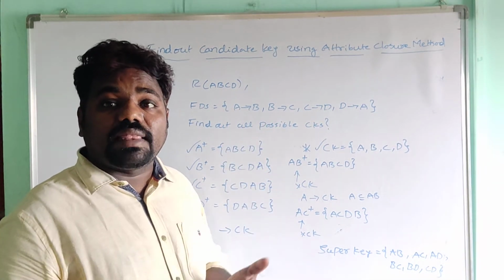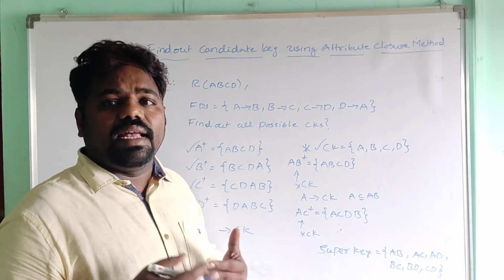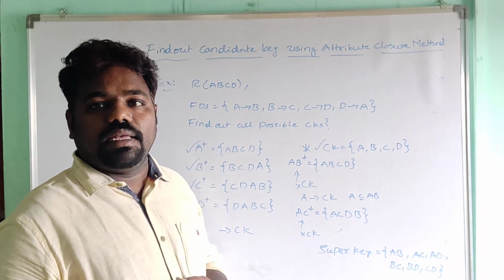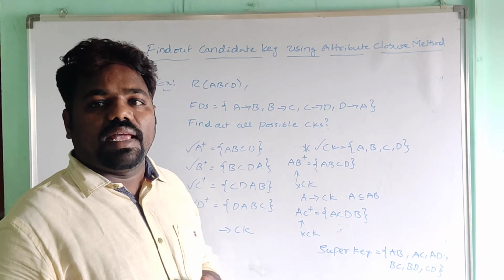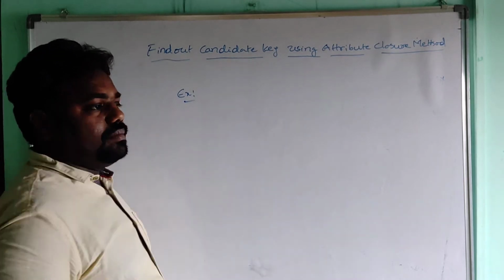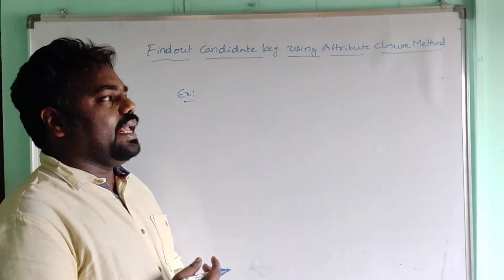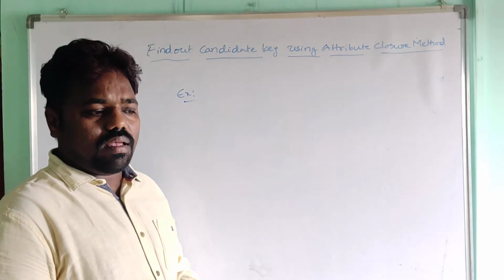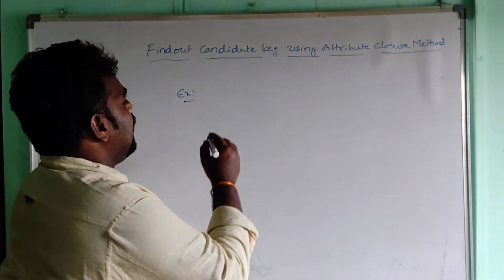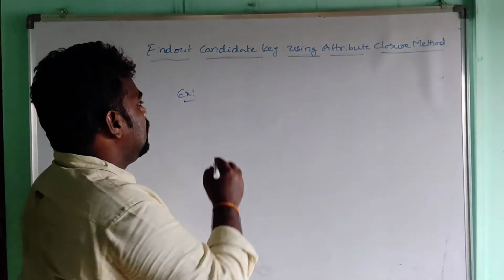We will see one more method for finding possible candidate keys for a given relation. The next method to find out candidate key for a given relation is a very, very important method.